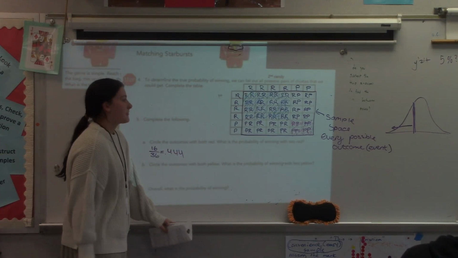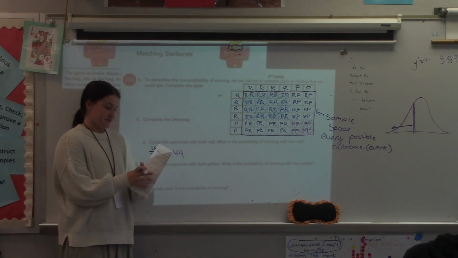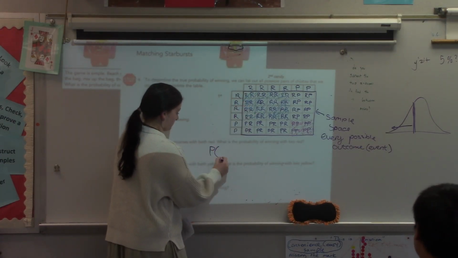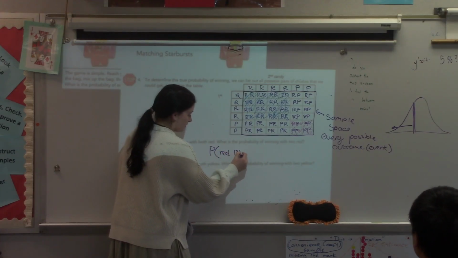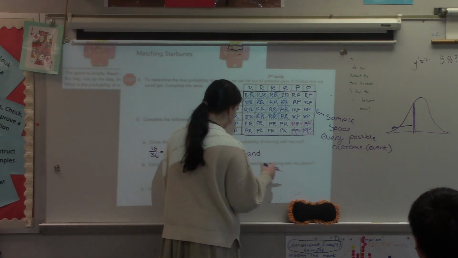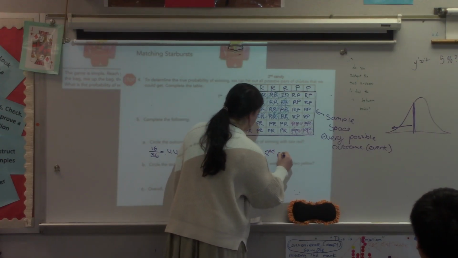Okay, so can anybody think of another way, instead of just counting, to find the probability of getting red first and red second?